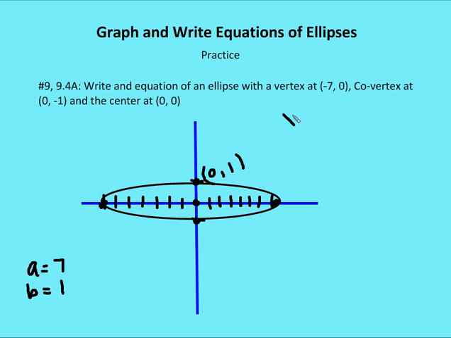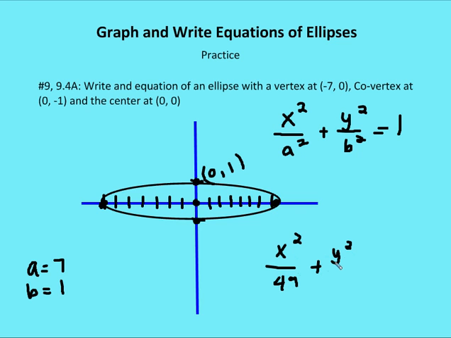So I write the equation: x squared over a squared plus y squared over b squared is equal to 1. So all I have to do now is fill in the values. X squared over 49 plus y squared over 1 is equal to 1.